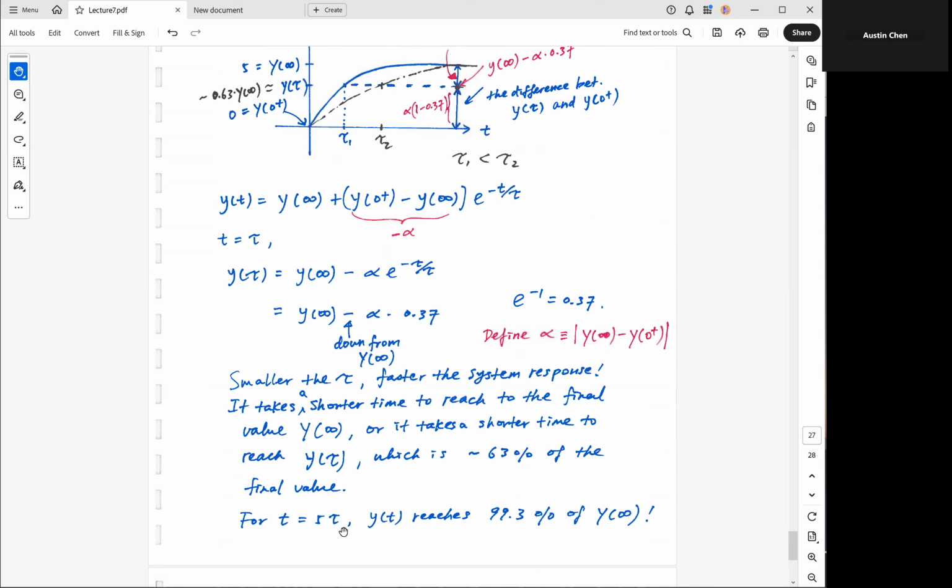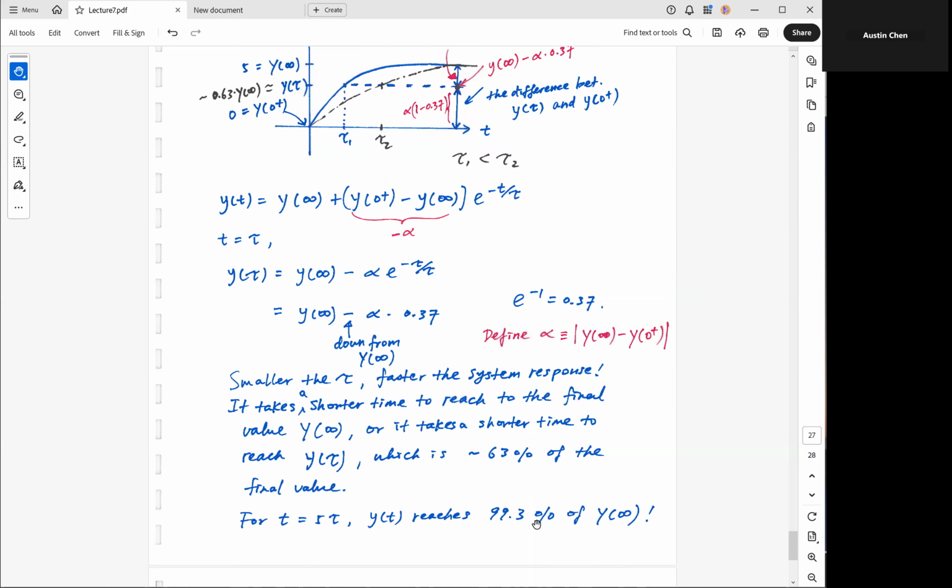So when t is equal to 5 tau, you're charging the capacitor voltage all the way to 99.3% of the final value. Y at infinity is the very final value when t goes to infinity.